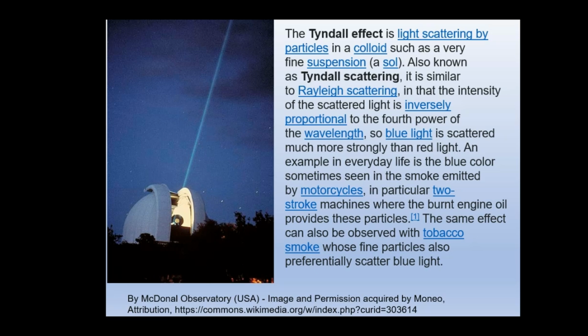And it talks about something else here called Rayleigh scattering, in that the intensity of the scattered light is inversely proportional to the fourth power of the wavelength. So blue light is scattered more strongly than red light. So this explains why sunsets are red and the sky is blue. Because there's stuff up there, O2 molecules, N2 molecules, maybe some dirt, but in a clear, pristine sky, there's only N2 molecules and O2 molecules.